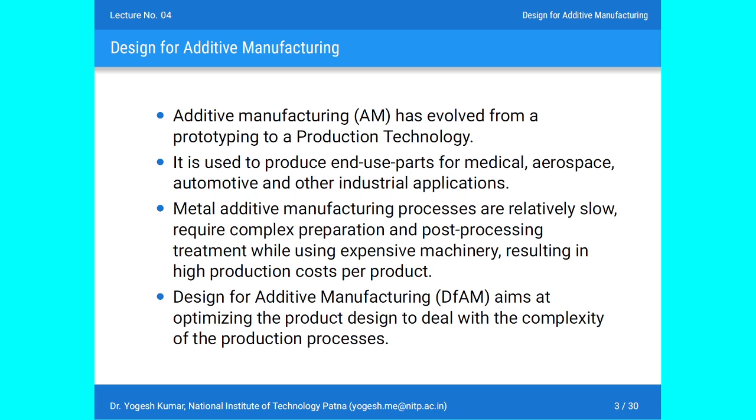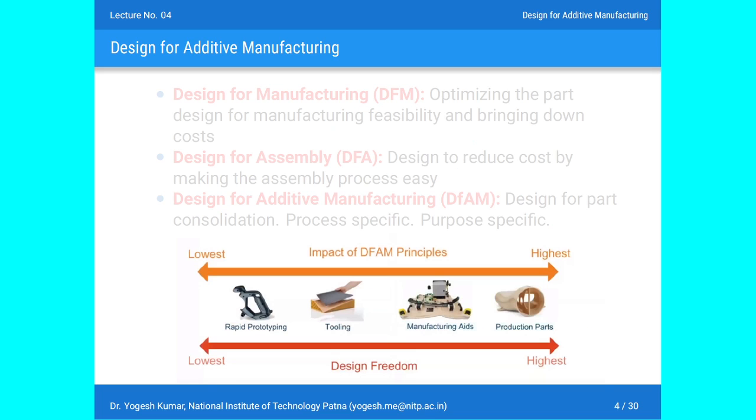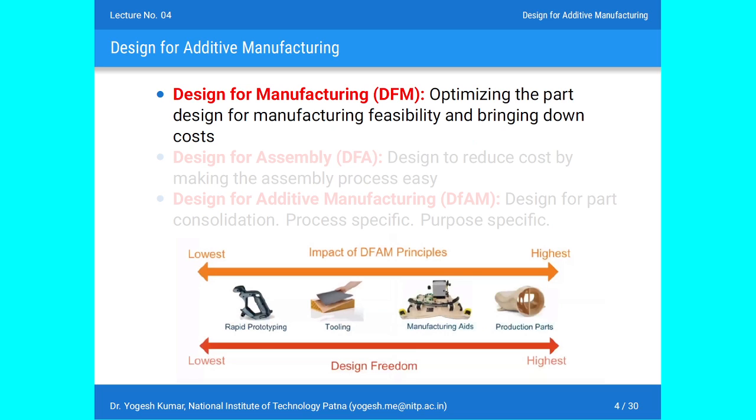Talking about the role of design for additive manufacturing, this in short is abbreviated as DFAM. It is for optimizing the product design to deal with the complexity of your production processes. So the people who are from the production engineering group might have heard the name, that is design for manufacturing, DFM concept.